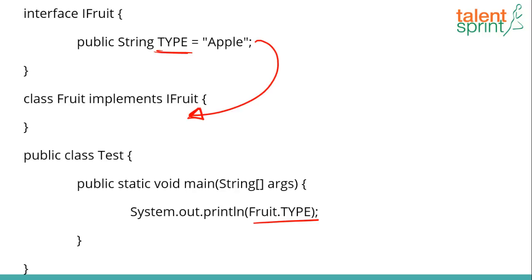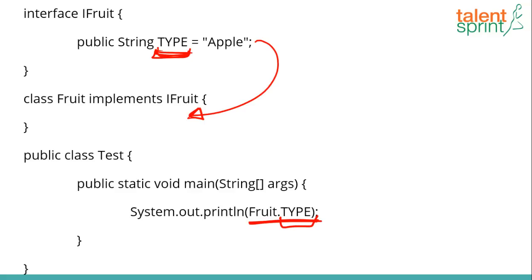Now only when you have static members in the class, correct? That is the only case that you can use the variables by the class name. And what happens in an interface is, if you create any data member in an interface, it can be only a static final data member.